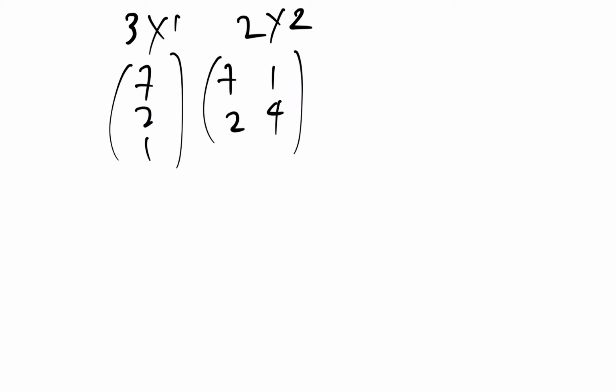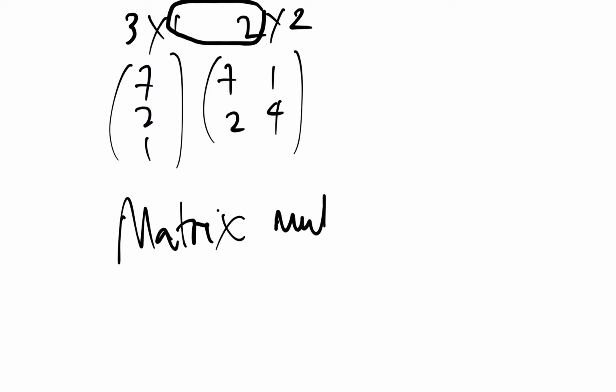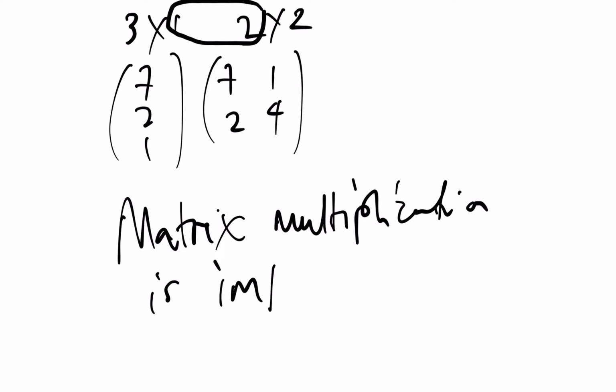Again, before trying to multiply these two matrices, we have to determine whether it's possible or not. So are these two numbers the same? And the simple answer is no. The moment you say it's no, we're saying matrix multiplication here is impossible.